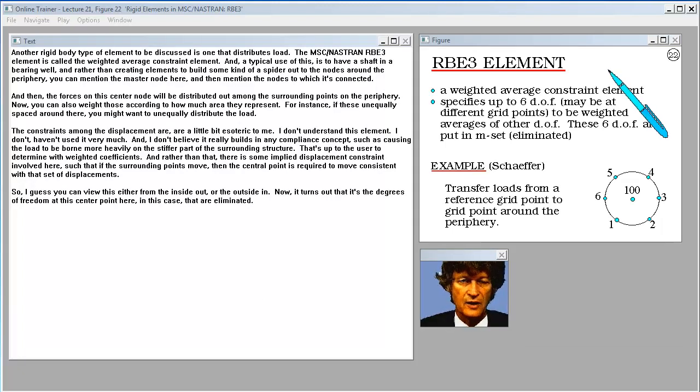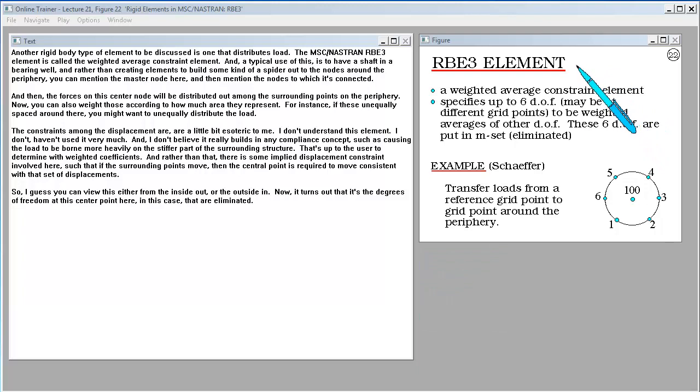Another rigid body type of element to be discussed is one that distributes load. The MSC Nastran RBE3 element is called a weighted average constraint element.